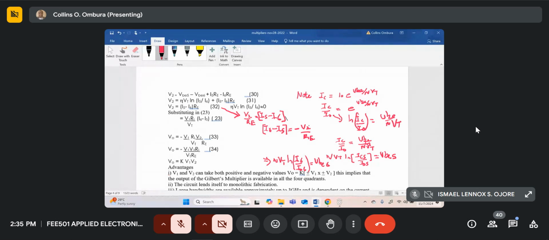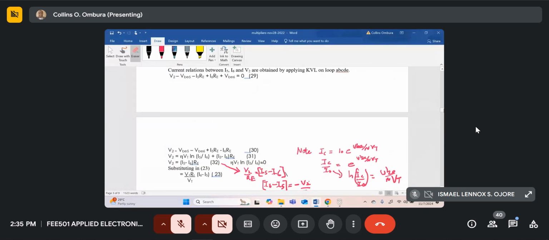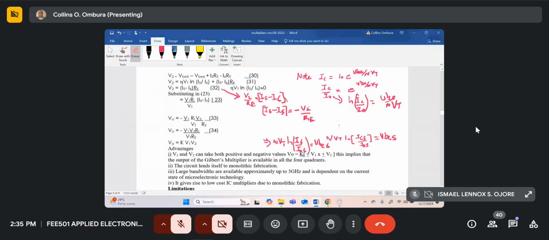And therefore, we can write that in general VBE is equal to neta VT natural log IC divided by I naught in general.